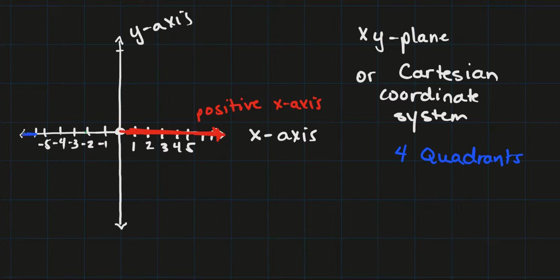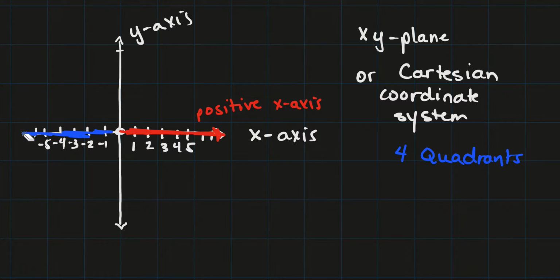Now this piece is called your negative x-axis. This is where all the negative numbers on your x-axis belong. Now remember, these lines go on forever. So this way you're going to -6, -7, all the way to -infinity, and then here you're going to have your positive numbers.